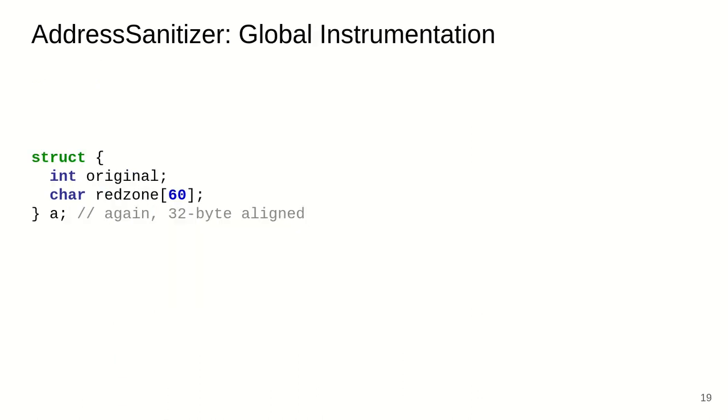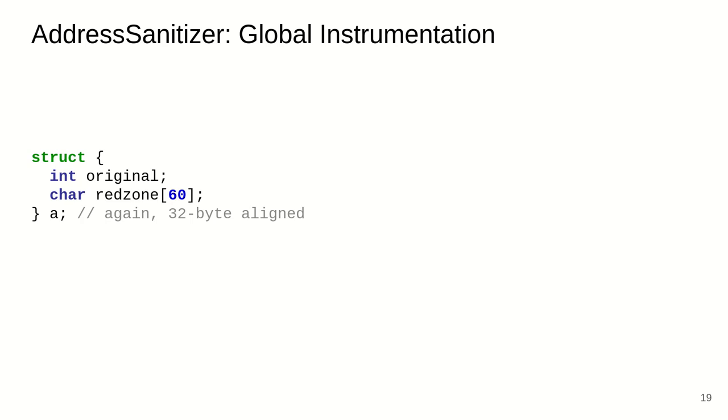Let's look at globals, right? If there's a global value, an original value, we will add a red zone of 58 bytes around it, sorry about that. Yeah, so we'll create a red zone of 60 bytes around it to have a total of 64 bytes that is 32-byte aligned.